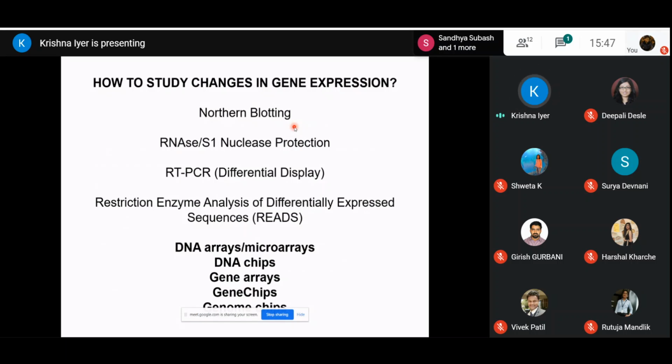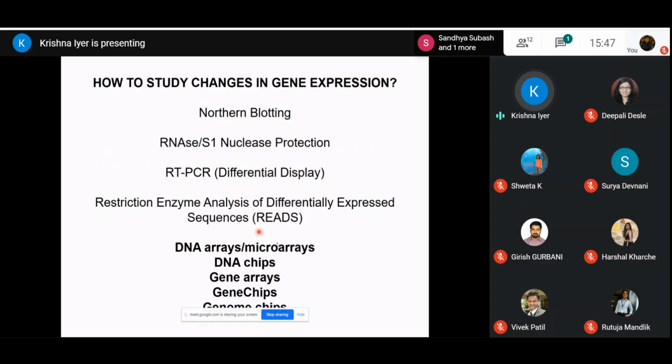There are several ways people have attempted to study changes in gene expression, and here are several methods for looking at it. For example, northern blotting, RNase S1 nuclease protection, RT-PCR, or READS, as it is called, restriction enzyme analysis of differentially expressed sequences.